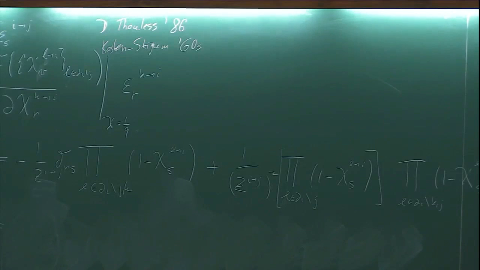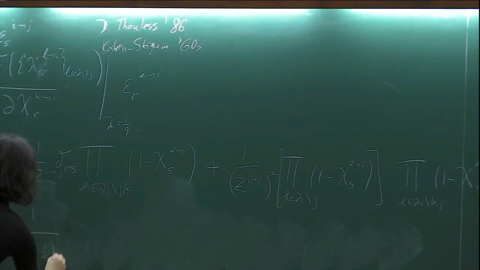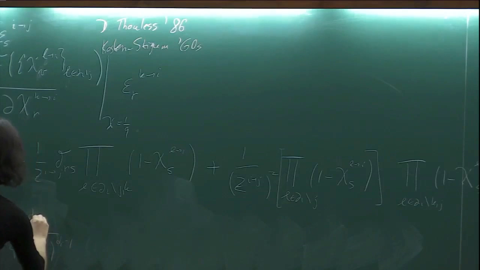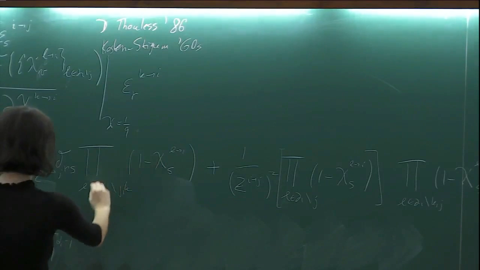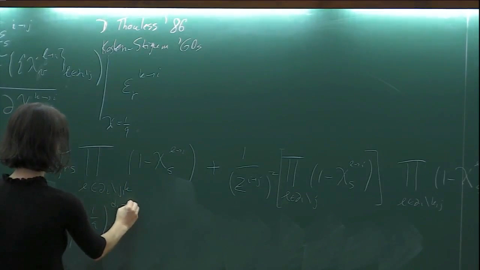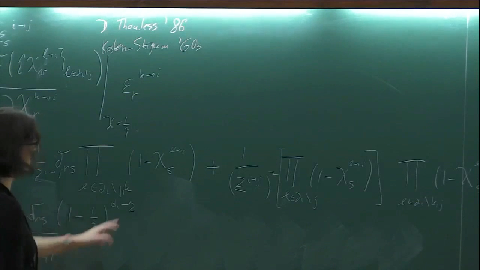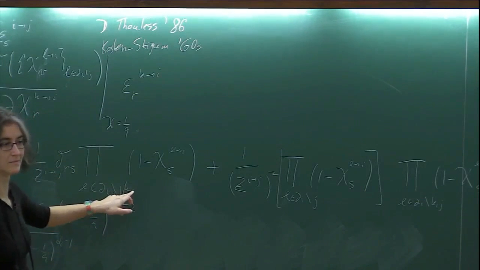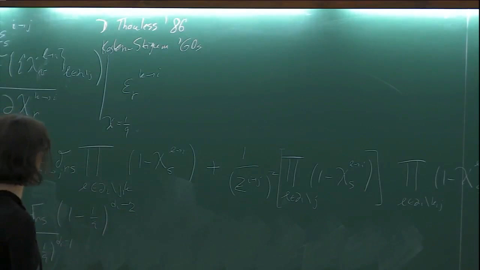When this is 1 over q, the z is just q times 1 minus 1 over q to the di minus 1. Then there is the delta rs. And then there is this thing, which is also 1 minus 1 over q to some power, and this time it is di minus 2, because here we were removing 2 nodes. One because that was the target node, and the other one because that's the one we derived.